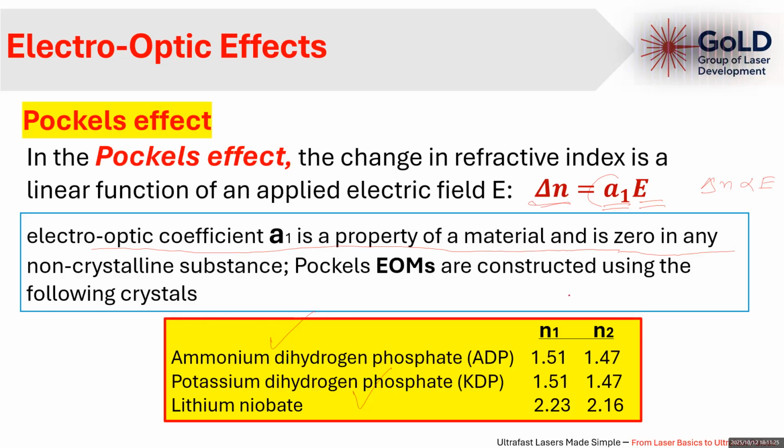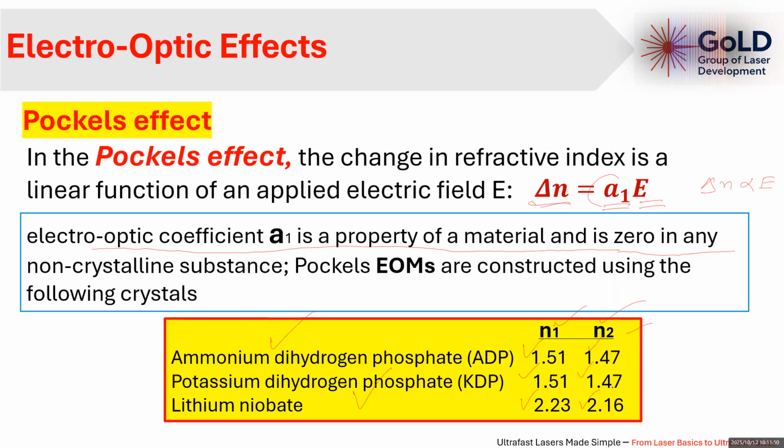You can see the different polarizations have different refractive indices. In ADP it is 1.51 and 1.47, KDP also, and in lithium niobate it is 2.23 and 2.16.